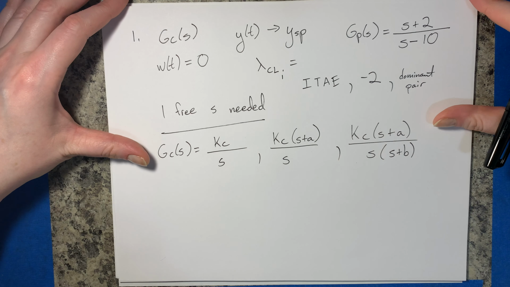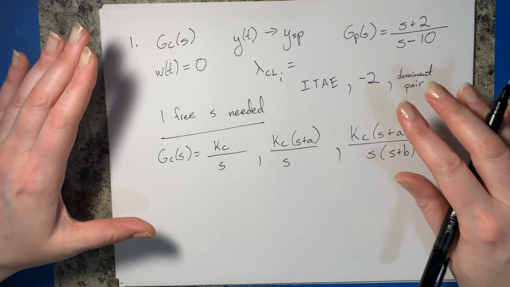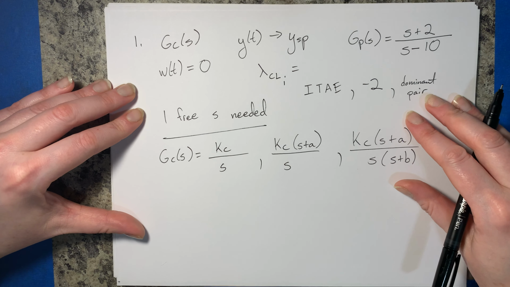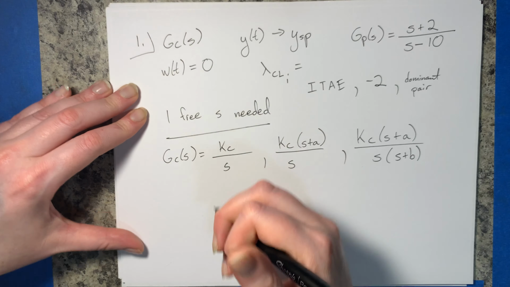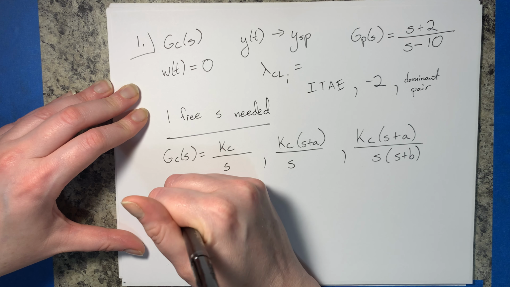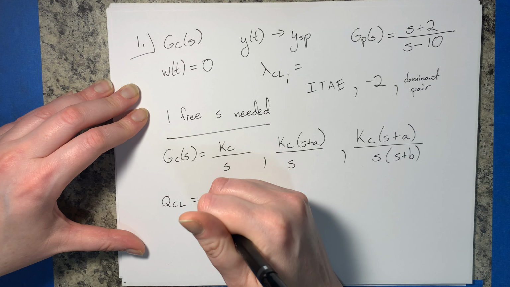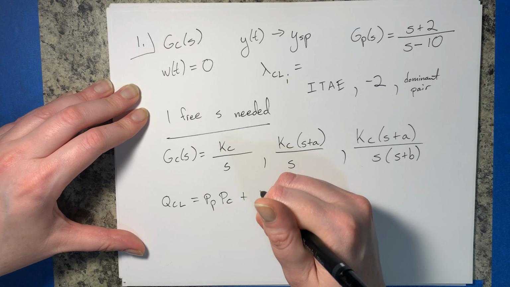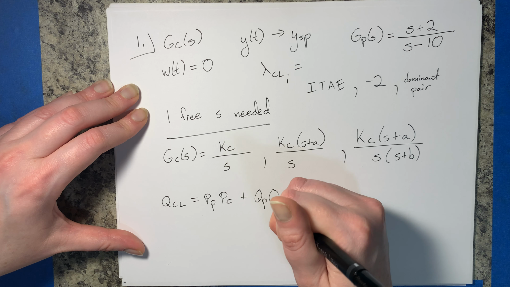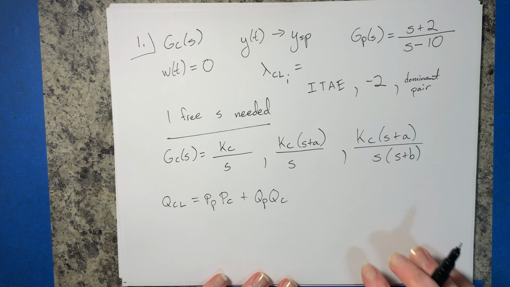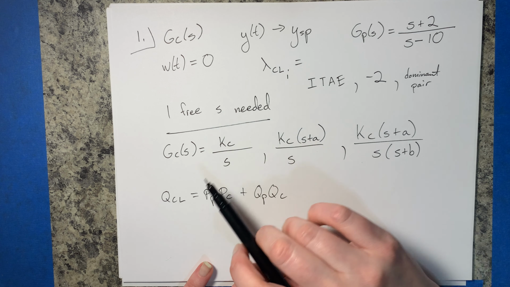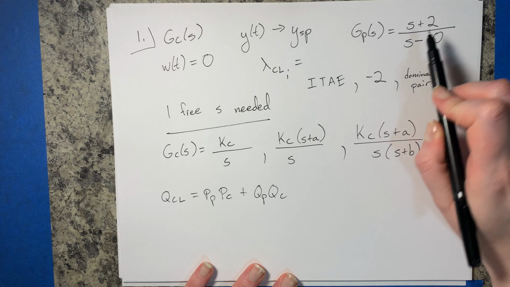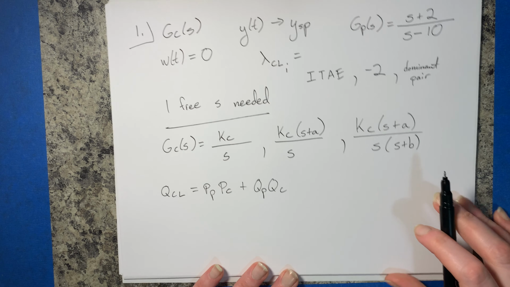The general procedure, since we are using the standard configuration, is to write out our QCL, which is P sub P, P sub C, Q sub P, Q sub C, and then plug in the different elements of GP and GC.